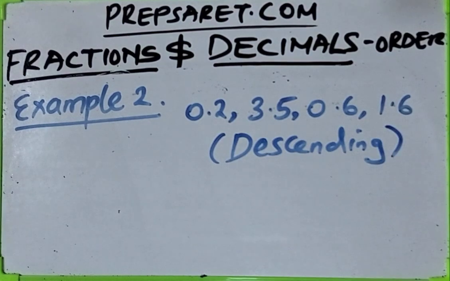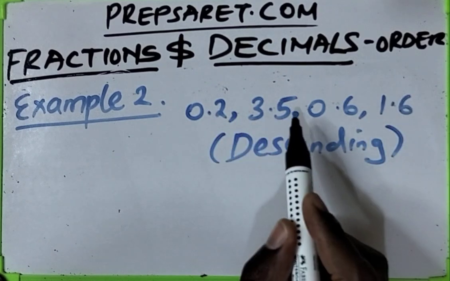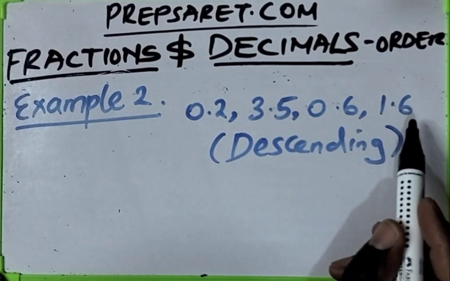So this is a very short one, and the procedure is, first of all, convert all the decimals into whole numbers. So in this case, count the number of decimal places in each. I think it is 1 decimal place, 1 decimal place, 1 decimal place, 1 decimal place.